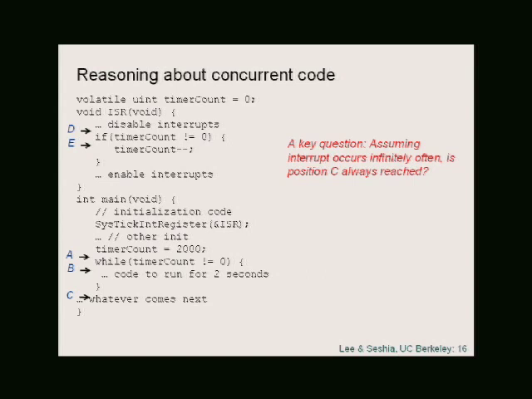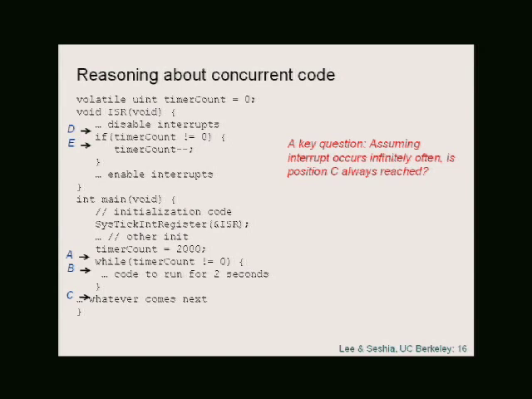Okay, all right. So this goes back to the observation we made a few minutes ago, which is that it's improbable but possible for the ISR to be interrupted right at the end when interrupts are re-enabled, and a new instance of the ISR runs.